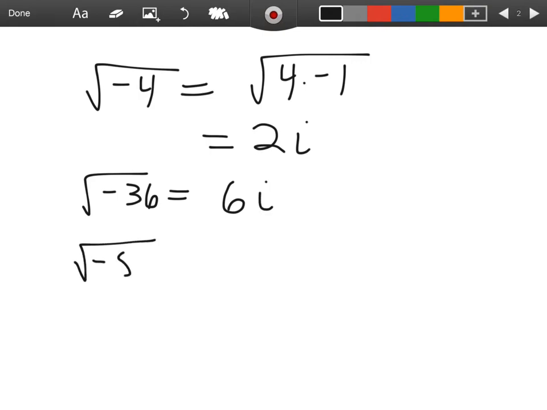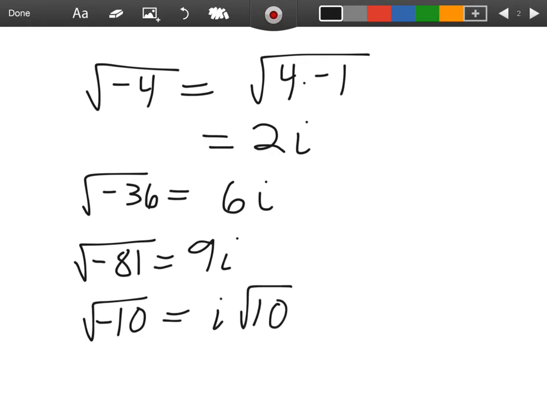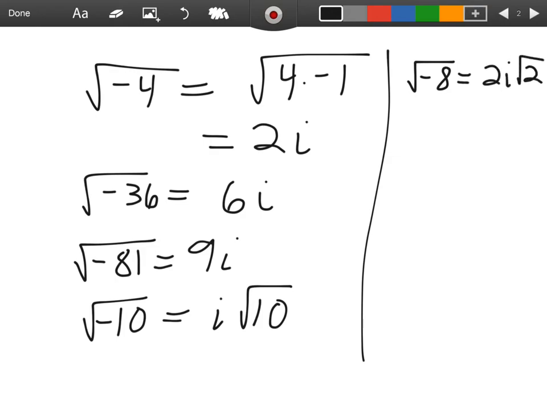Another example, the square root of -81, 9i. The square root of -10, i square root of 10. We do not need to leave the negative in there. Even if it doesn't simplify, we bring the i out. Here's another example, the square root of -8. Well, we can bring out a 2 and an i, and we have 2i square root of 2.